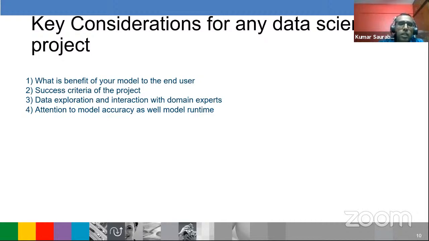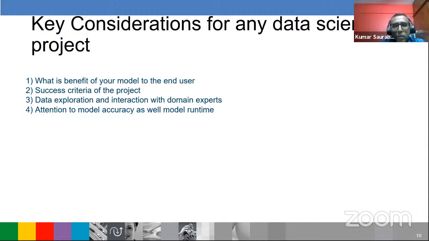But if you go a little higher and look into the business side of things, then we can define the success criteria keeping the business also in mind. For example, the outage avoidance use case that I was talking about earlier, reducing the unplanned downtime in my IT infrastructure. How can we do that?